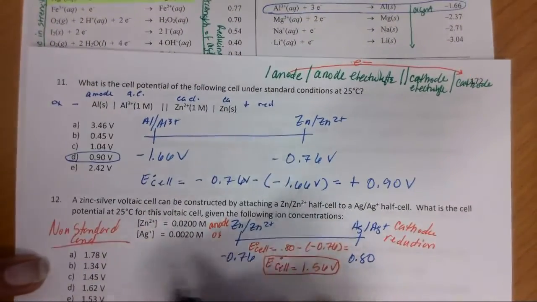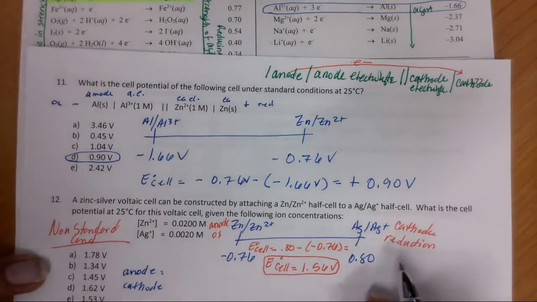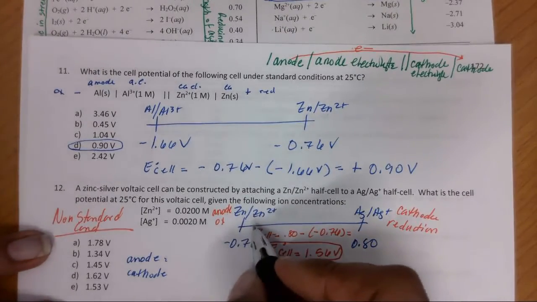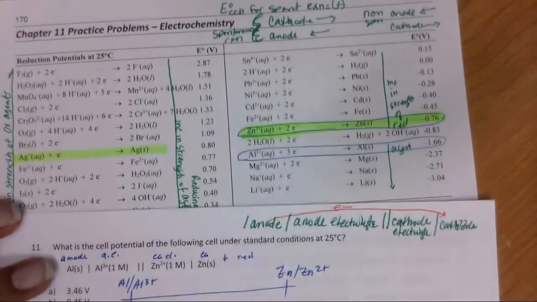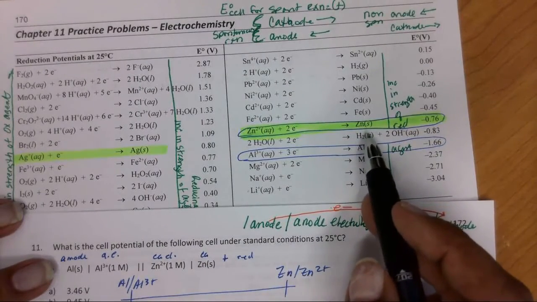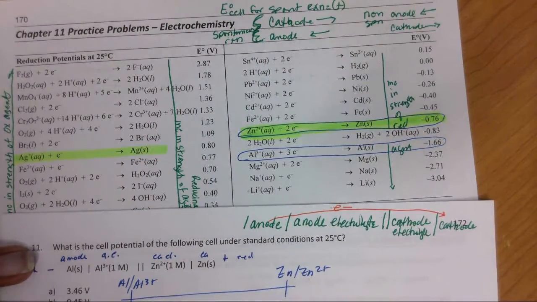So what do we have? We've got our anode and our cathode. What's on the anode end? Anode end is zinc. If we look at our half reaction up here for zinc, we're oxidized, so we need zinc solid to form zinc 2 plus plus 2 electrons.